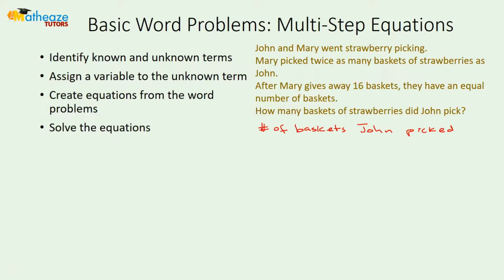So let's now follow the question. That's going to give us our variable, our unknown: number of baskets John picked. Mary picked twice as many as John, so Mary has twice as many. After Mary gives away 16 baskets, she now has the same number as John.